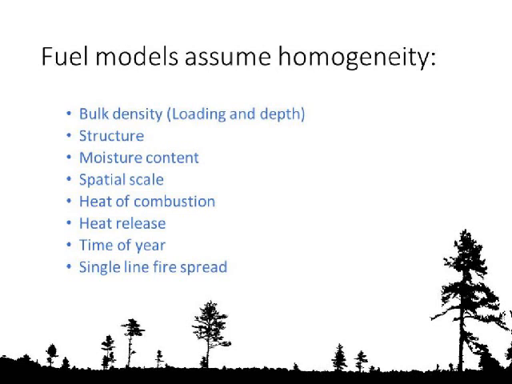Structure, so that might be your ladder fuels, or just the structure of plants that influences flow in the forest, that's homogeneous. Moisture content among the different things growing there is homogeneous. And then we're making assumptions about spatial scale too, that a lot of these data are available or measured at the stand level. And so that's essentially the level of a burn unit. And we know that there's a lot more variability across an individual burn unit.